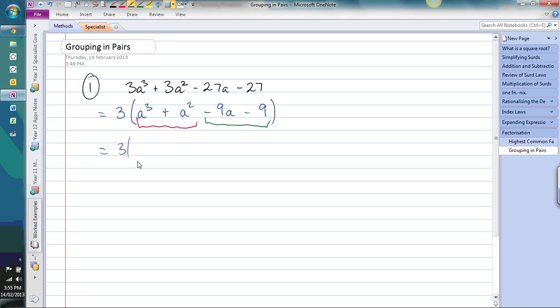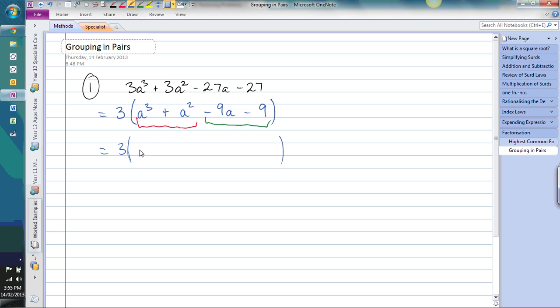So for the moment, I've kind of got tunnel vision on. I'm not really thinking about this 3, and I'm not worrying about the brackets. I'm just dealing with what's inside the brackets. So right now I'm going to ignore this part here, and I'm just going to focus on the a cubed plus a squared and ask myself, what's the highest common factor of those 2 terms?